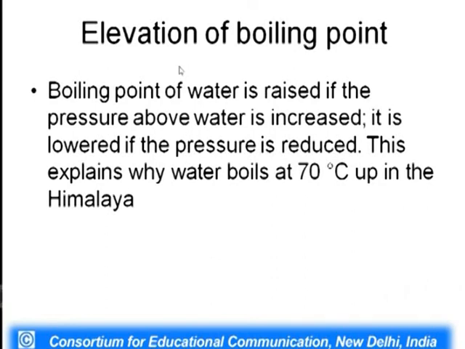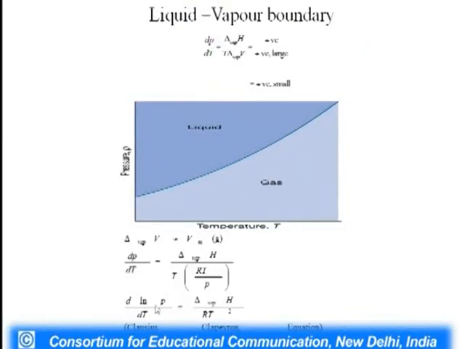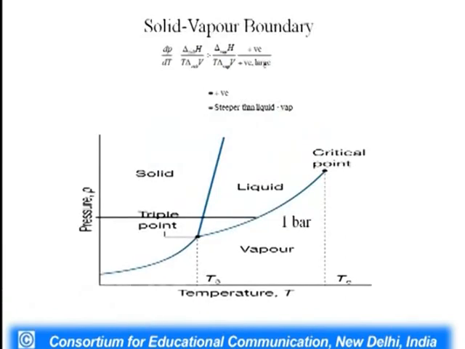So what we have seen is that we can increase the boiling point of water if the pressure above the water is increased. Just look at this last equation. By changing the pressure we can change the temperature: if we increase the temperature, pressure will increase.